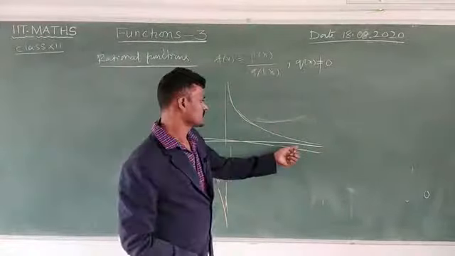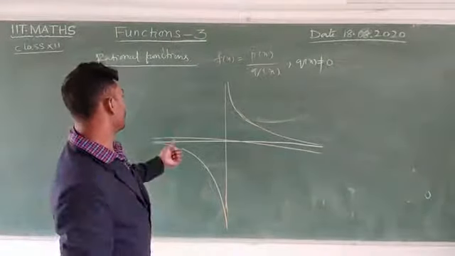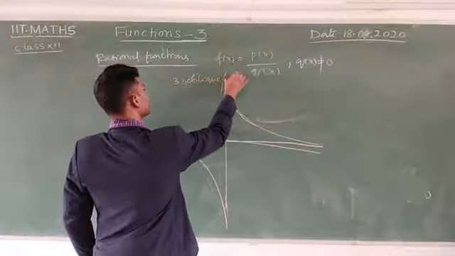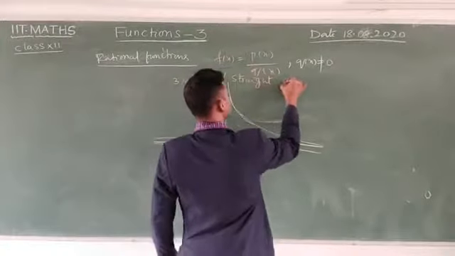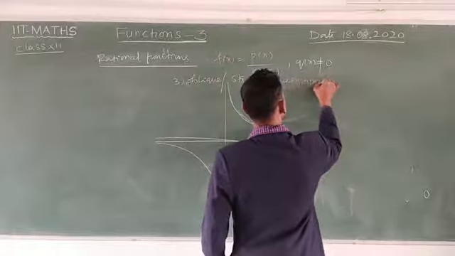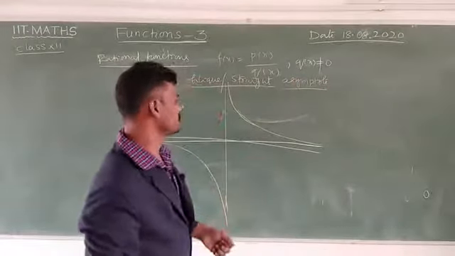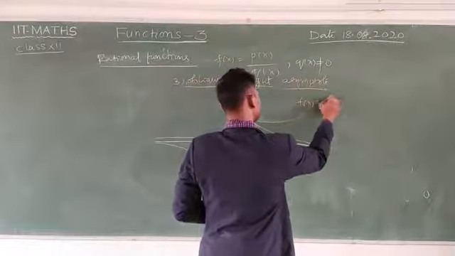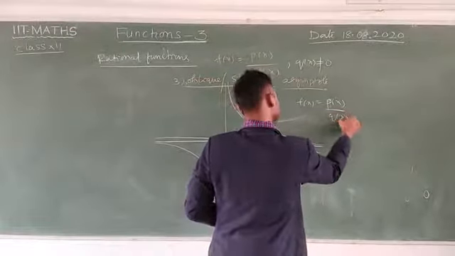The third one is the oblique or straight asymptote, where f of x is equal to p of x by q of x.